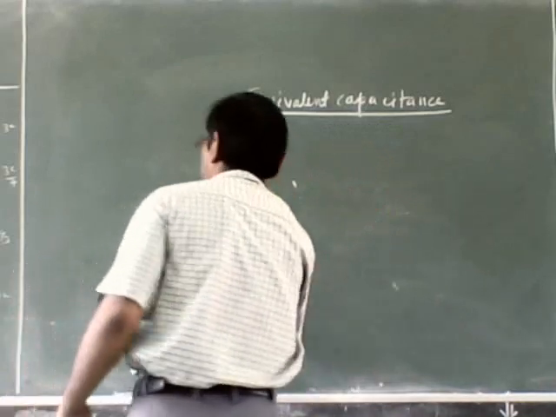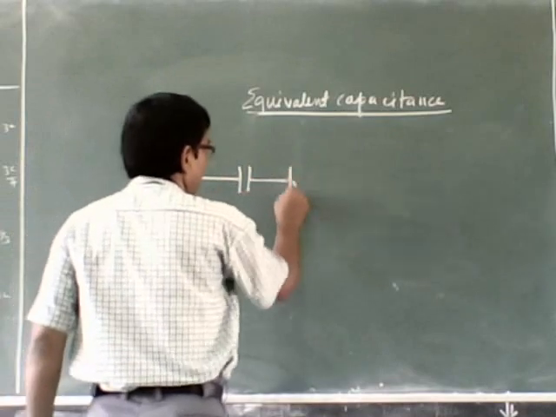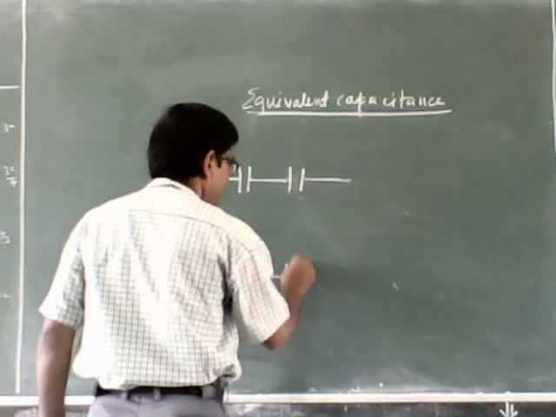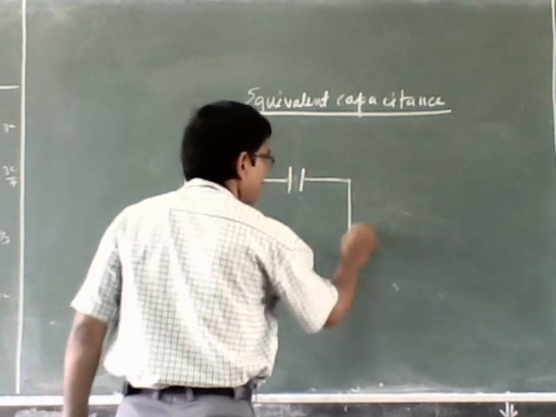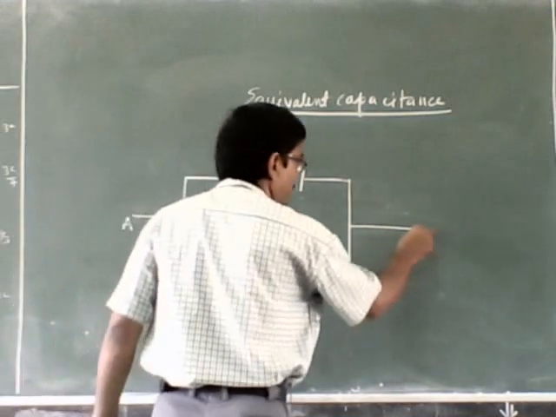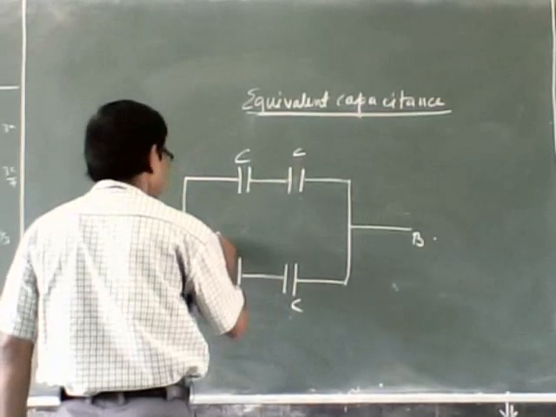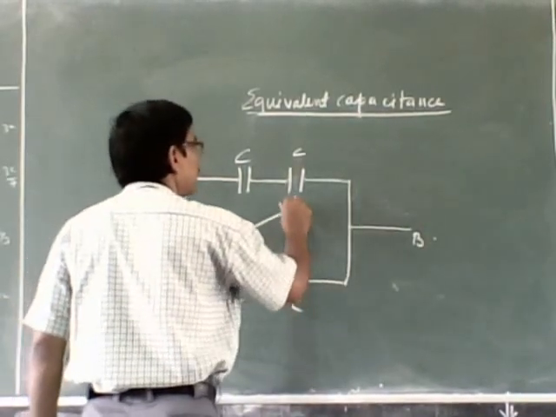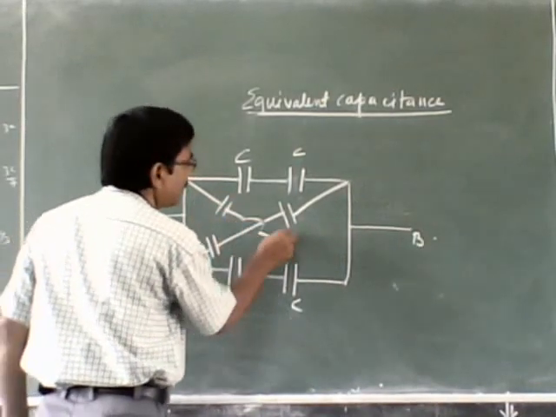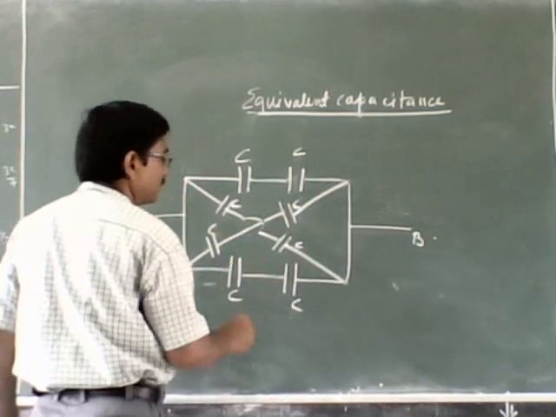next numerical, one more. Suppose these two capacitors. This is point A, this is point B, capacitance C, C, and again another capacitors are also there, C, C. All have equal capacitance.